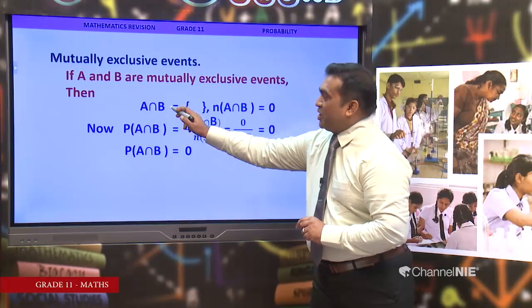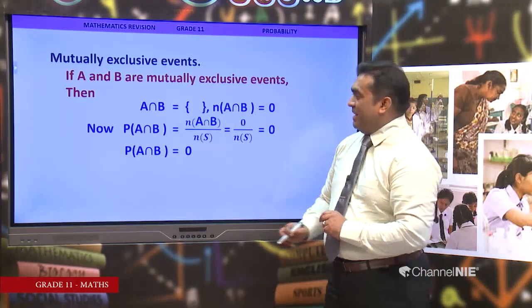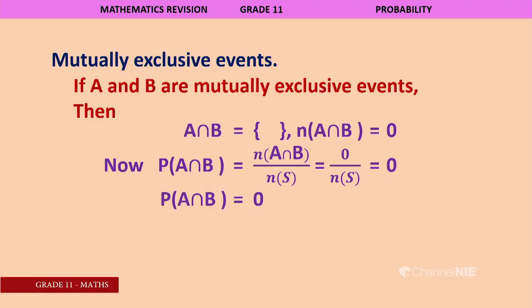A intersection B is a null set, with no elements in that set. Therefore, the number of elements of A intersection B is 0. Now, by the theoretical definition, P(A intersection B) equals N(A intersection B) over N(S).